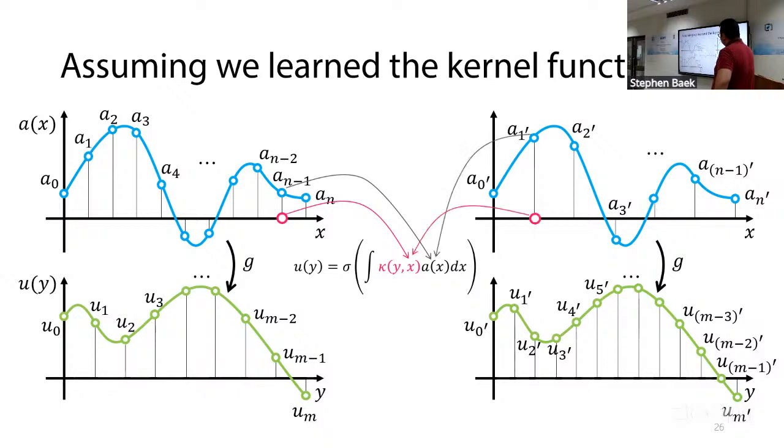And then let's say you want to evaluate the value of U at some arbitrary position Y. Then that also goes into the function kappa. And as a whole, now you can calculate the integral of this, followed by some activation function. So this can be ReLU or SiLU or tanh, whatever it is. Then that's basically how the prediction of U(Y) is performed.